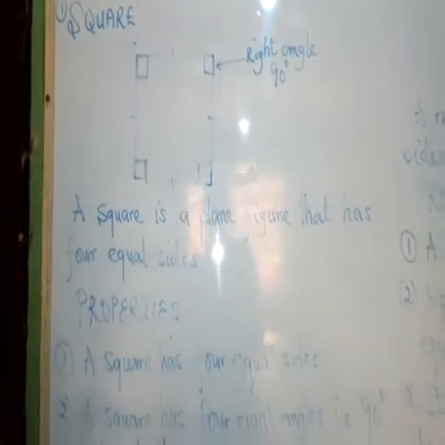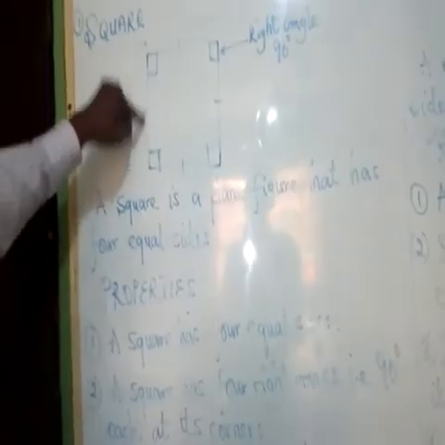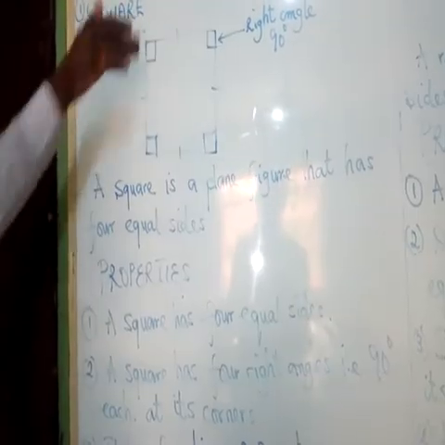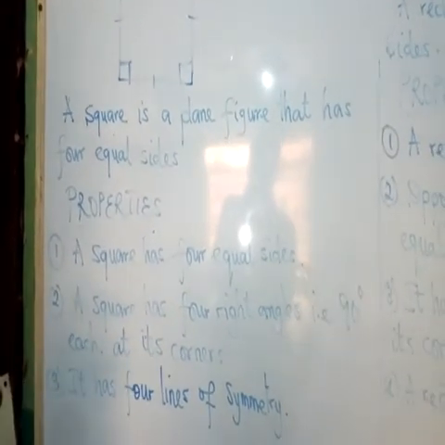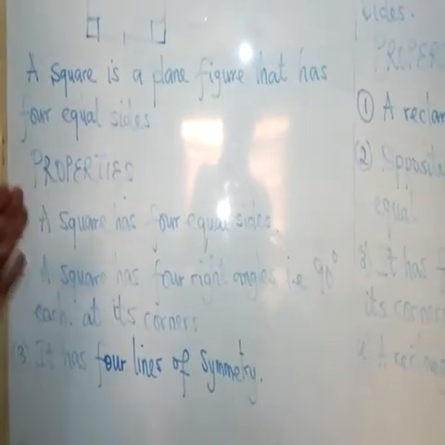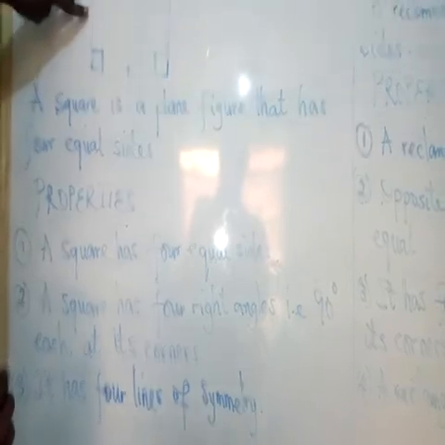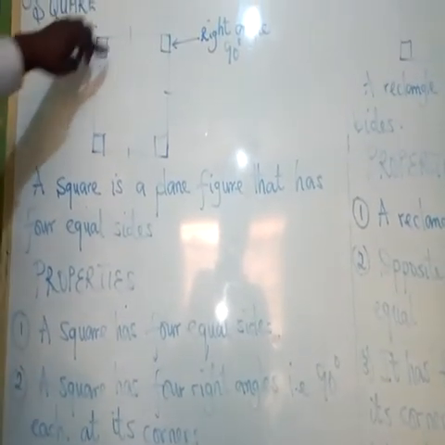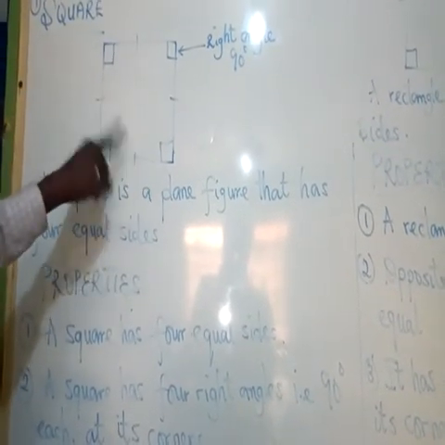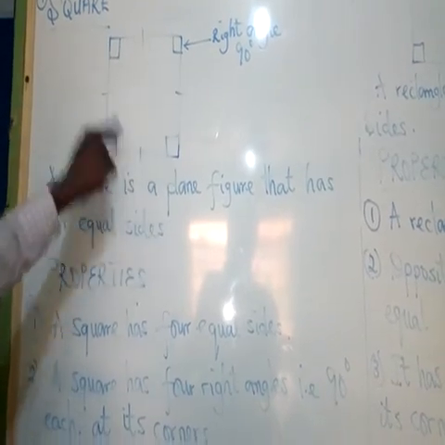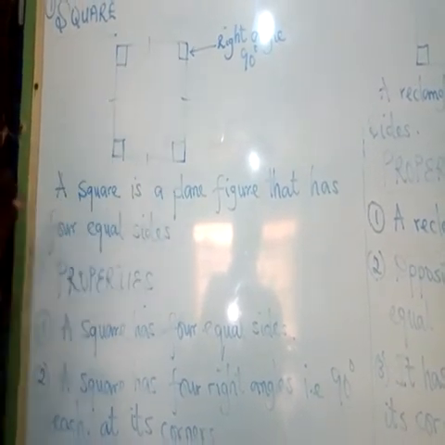It is not just four sides, it has four equal sides. All the sides are equal, and the equality of the sides is indicated by these lines. That's to show that they are all equal.